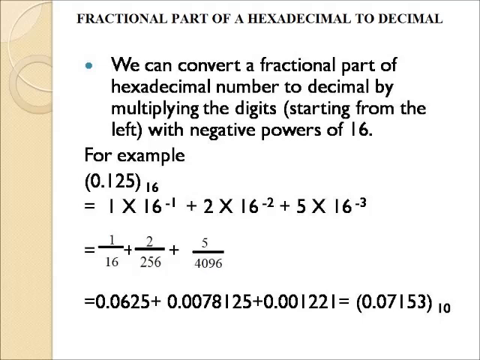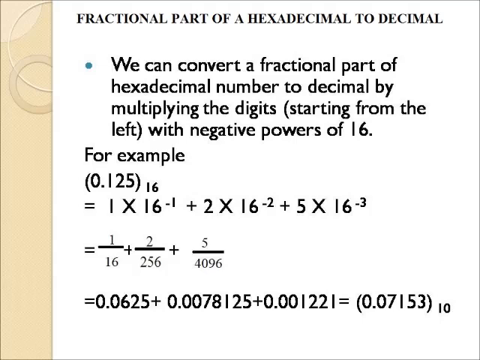Here we are going to see the conversion of the fractional part of a hexadecimal to decimal. We can convert the fractional part of a hexadecimal number to decimal by multiplying the digits with the negative powers of 16.